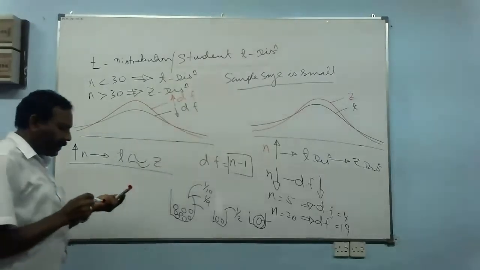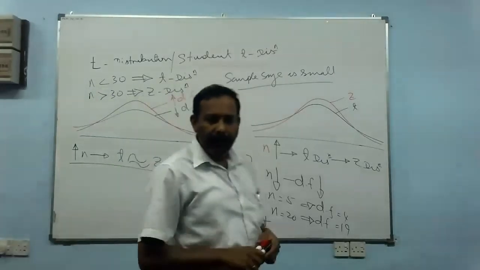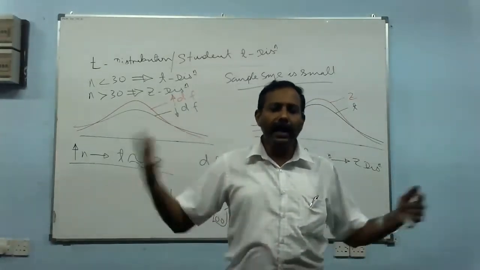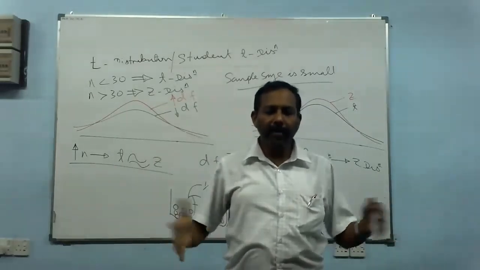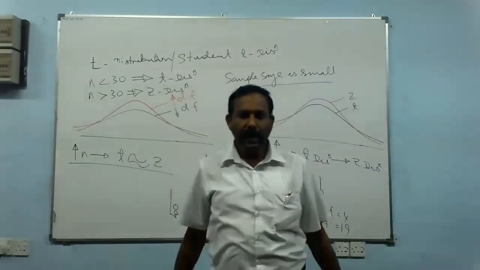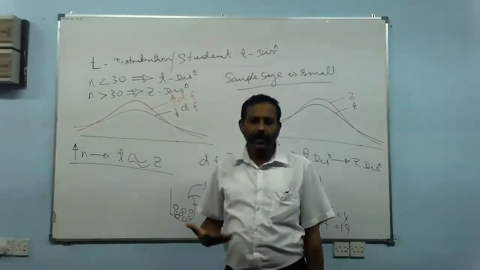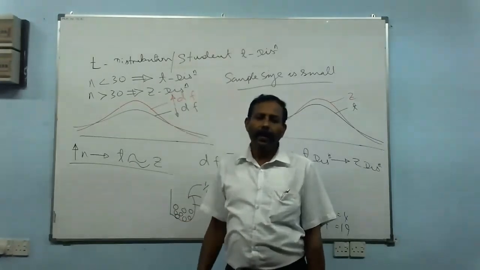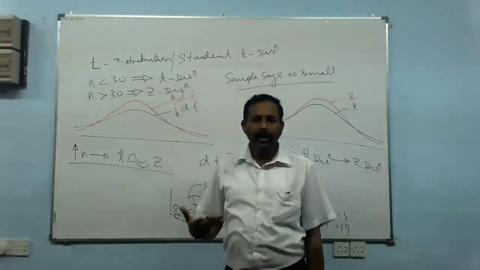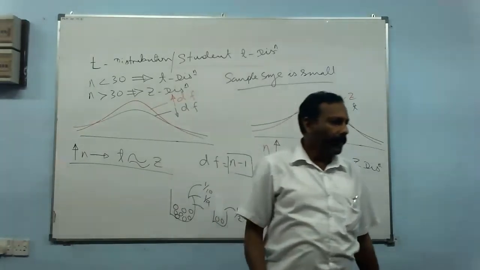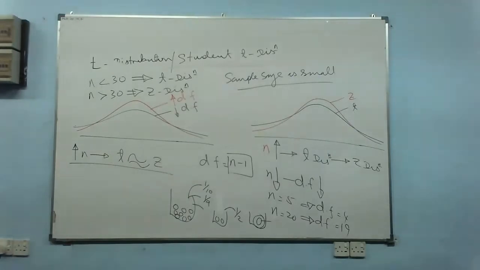We assume that if the sample size is more than 30, that particular attribute is normally distributed, so since it is normally distributed, we can use the standard normal distribution table. Standard normal distribution table, right? Any questions?